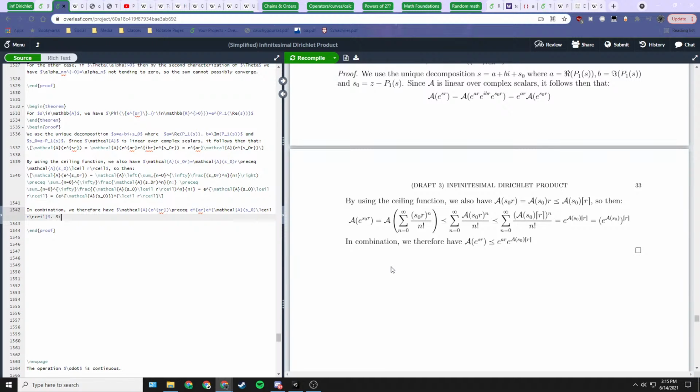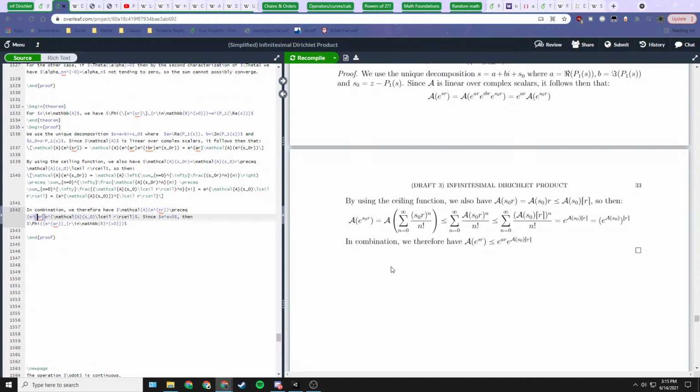So since we have phi of e to the AR across R in R greater than 0, or rather, since e to the A is greater than 0, then this phi of e to the AR, what is e to the AR?